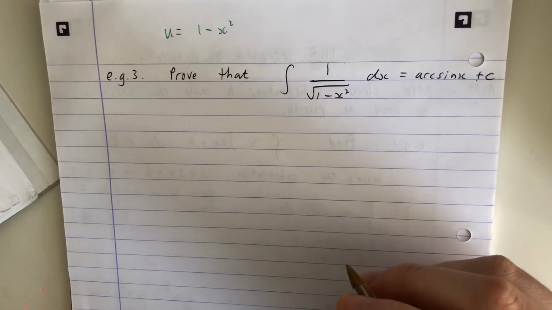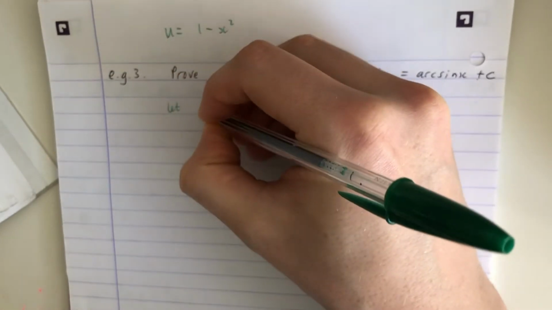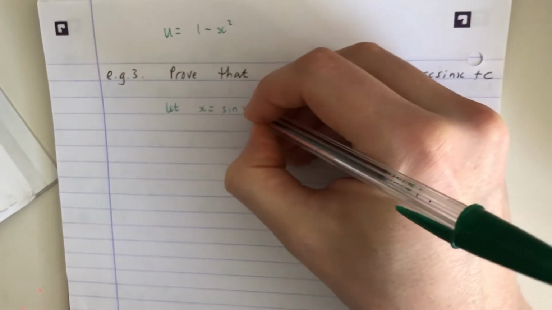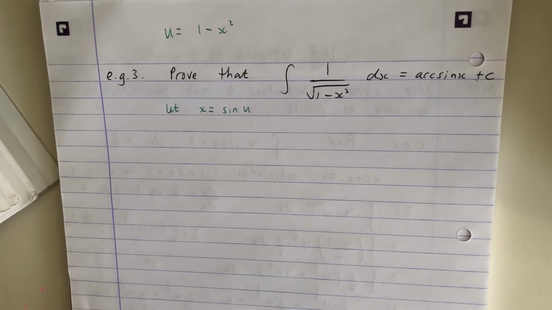And yeah, the clue is let x equals sine u in this case. Use that substitution, replace every single x with the sine u. Let's see what does happen.